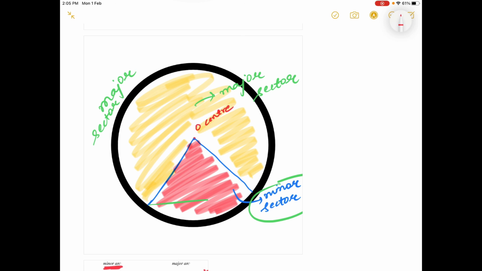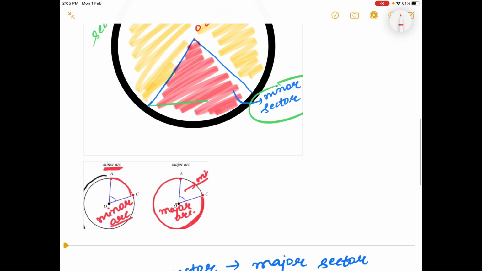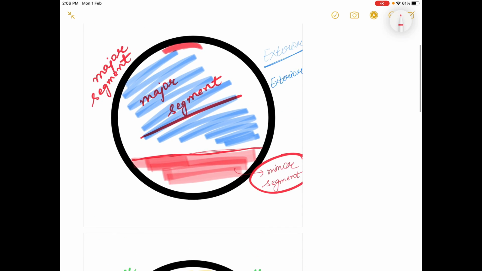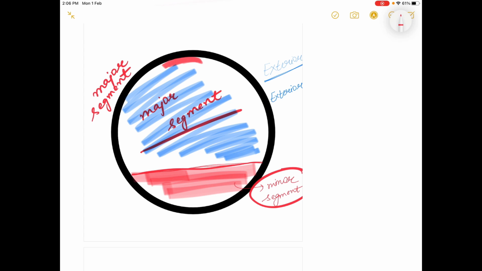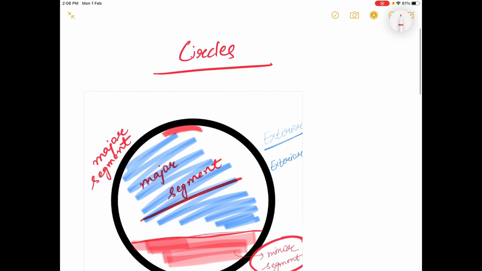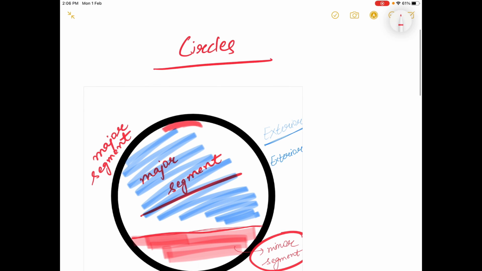The smaller portion will be called the minor sector, the bigger portion the major sector. Smaller arc will be called the minor arc, bigger arc the major arc, and the smaller segment of the circle will be called the minor segment and the bigger segment the major segment.